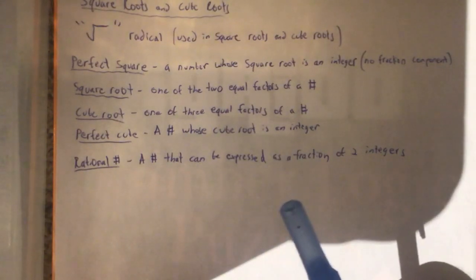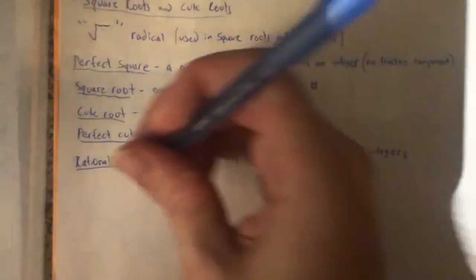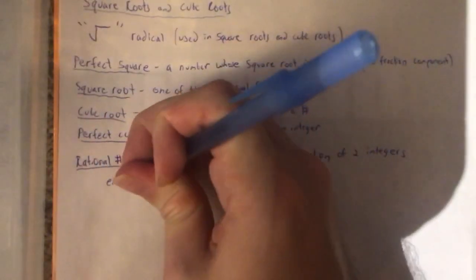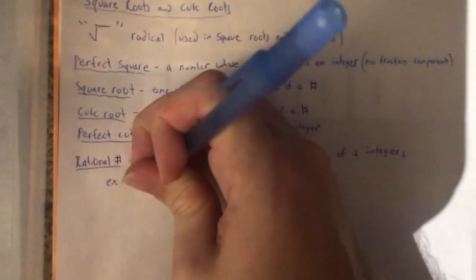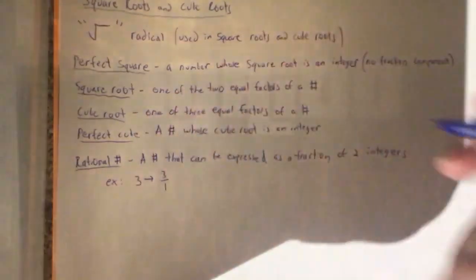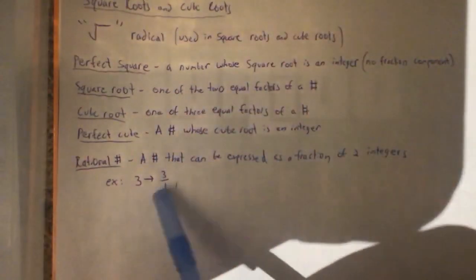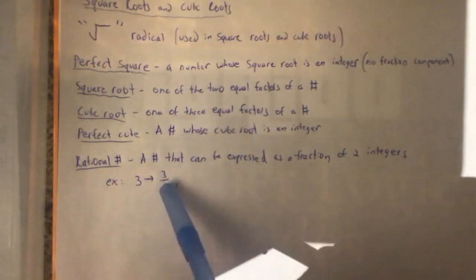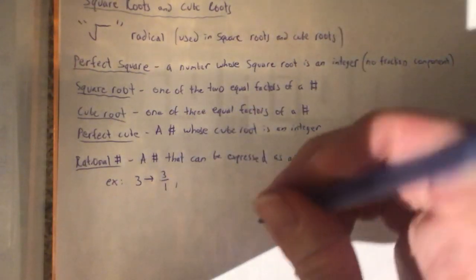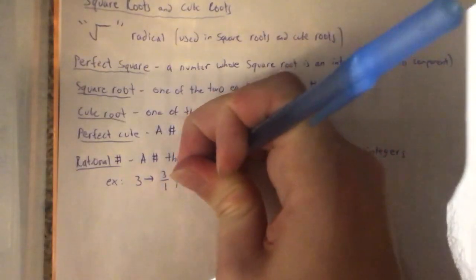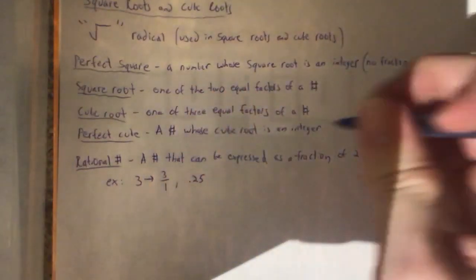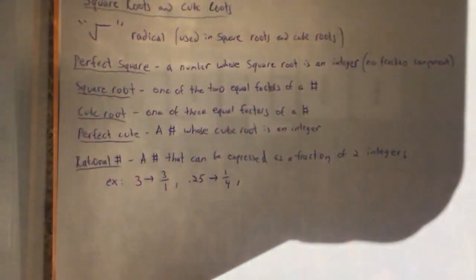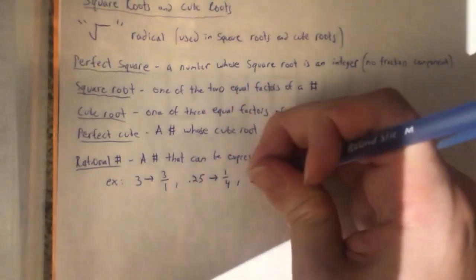For example, I can do 3, because I can write 3 as a fraction, 3 over 1. I could also do -3. So any integer is a rational number. I could also do decimals that end, like 0.25. If I convert that to a fraction, that's 1/4. I could also do numbers that repeat.